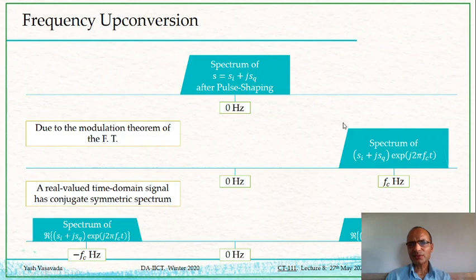We expect to lose about half of the signal energy compared to the complex signal. So this finally is the spectral diagram, the frequency domain representation of a transmitted modulated signal.